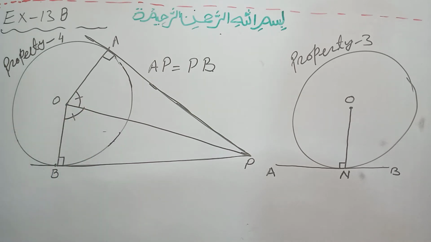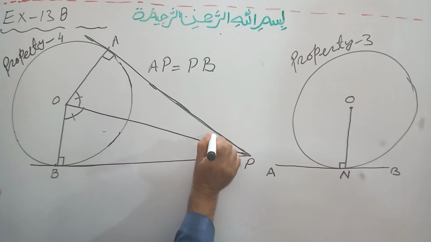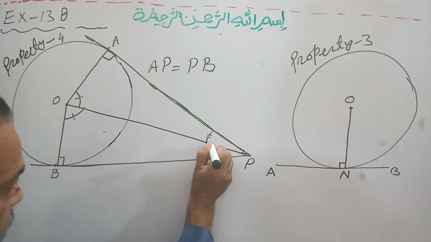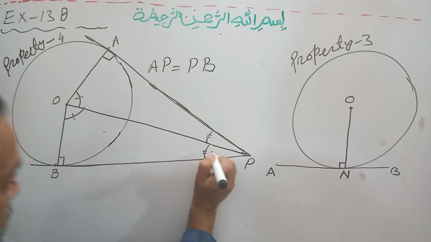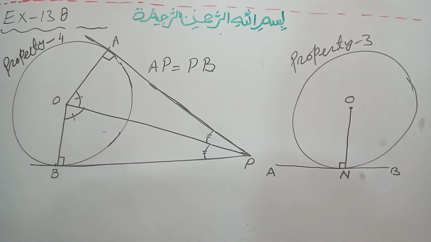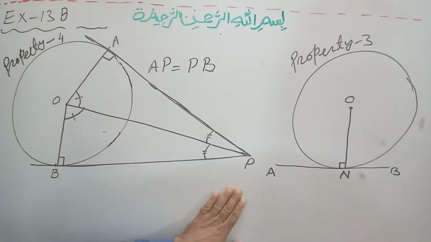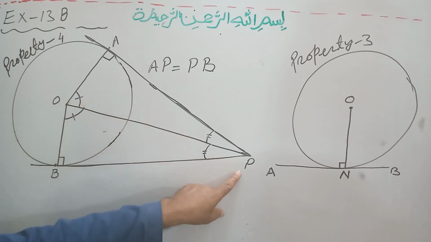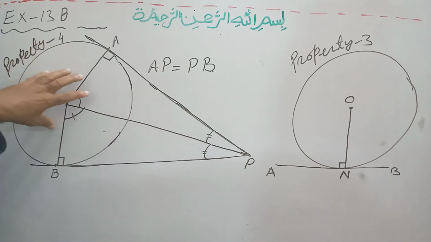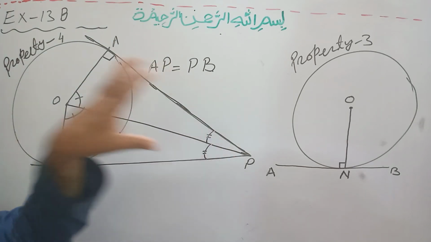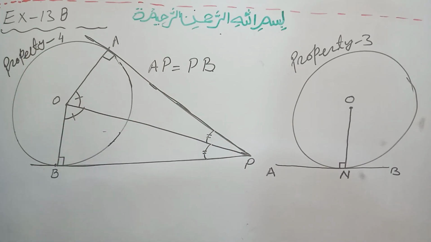As well, the angle at point P will also be bisected. The tangents from this external point are equal in length. The line joining O to P bisects the angle at the center of the circle, as well as the angle at the point P. So this is the fourth property.